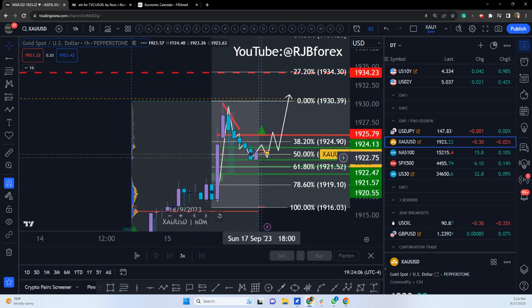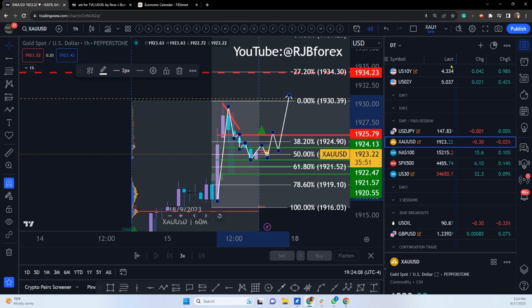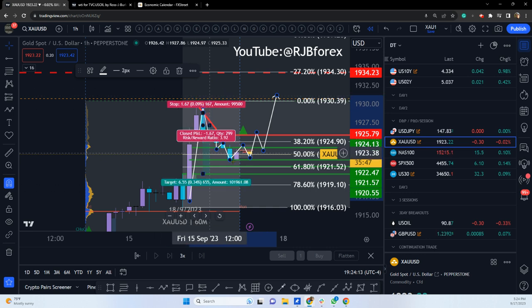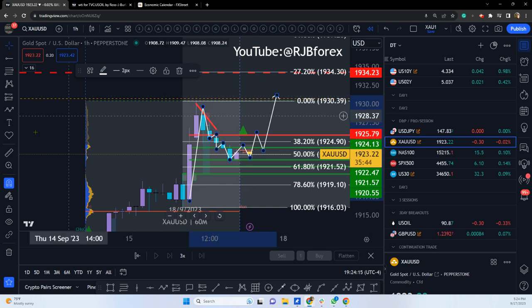And that would fit in with the weak dollar narrative that we've painted at the start of this week. So prospects for a move up in gold, perhaps. Let's see how that pans out.